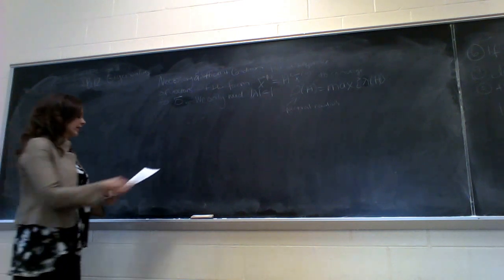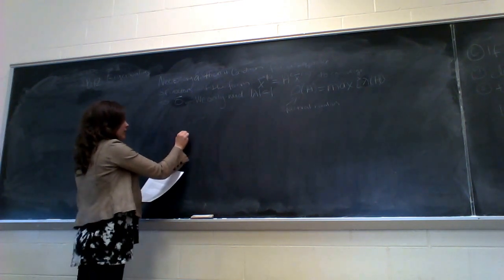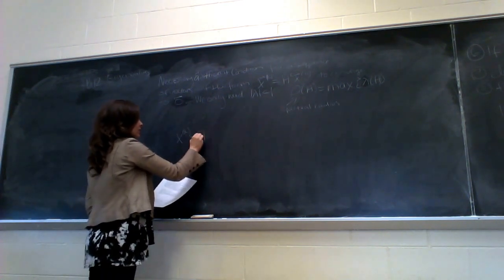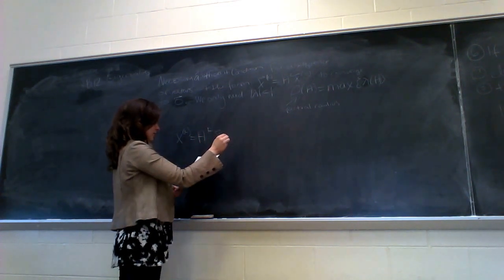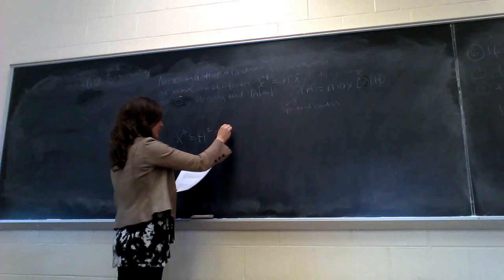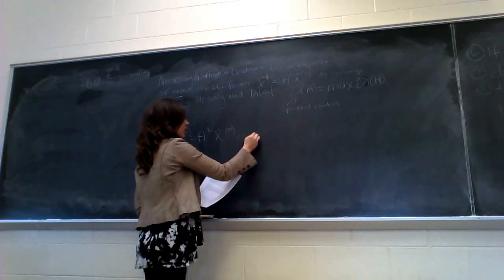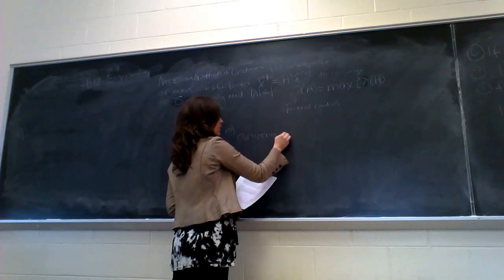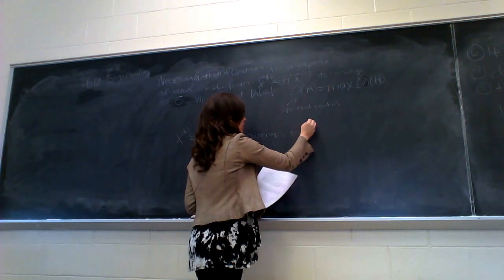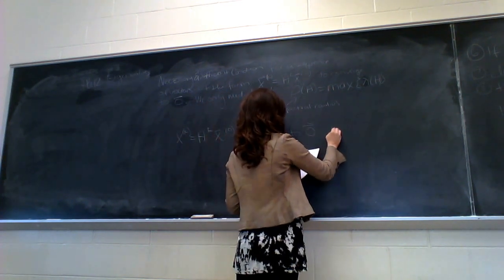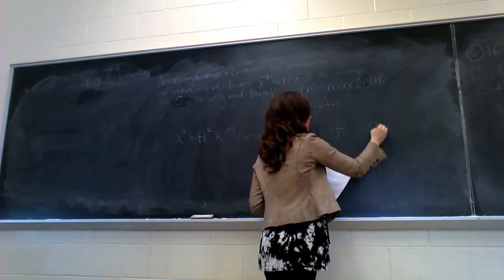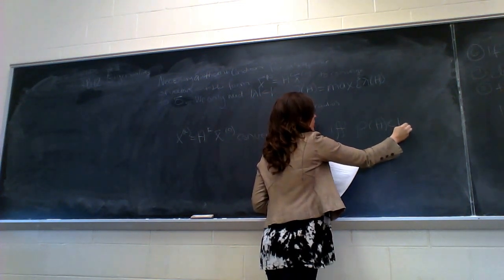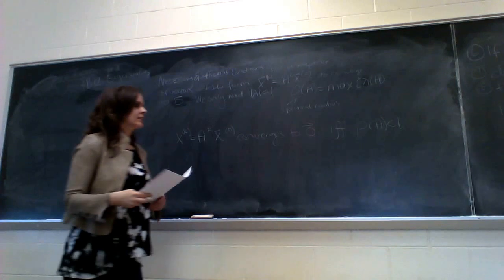So we can conclude that the sequence of vectors A^k x_0 converges to the 0 vector if and only if rho of A is less than 1.